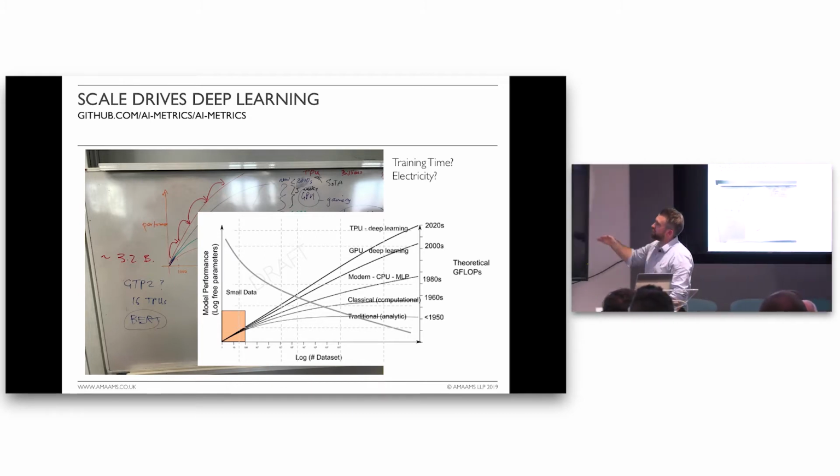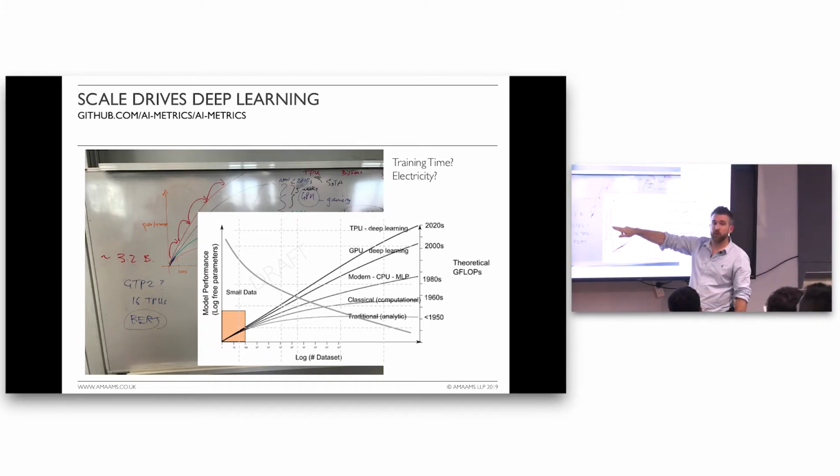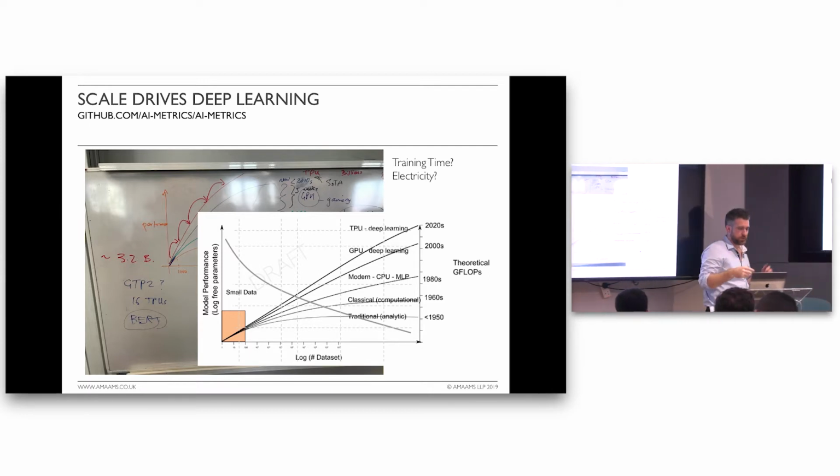As we go up and up, the model performance, i.e. the complexity of the tasks that we can fit and solve, goes up, but also the amount of data required to get them to work goes up. So you've got this tension between compute, data and performance, these trade-offs.